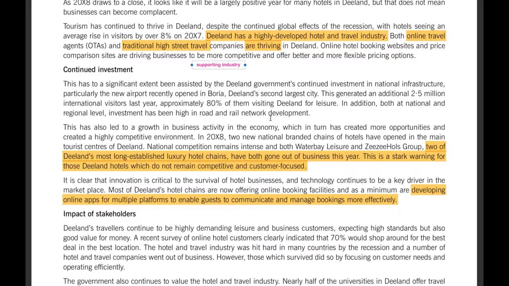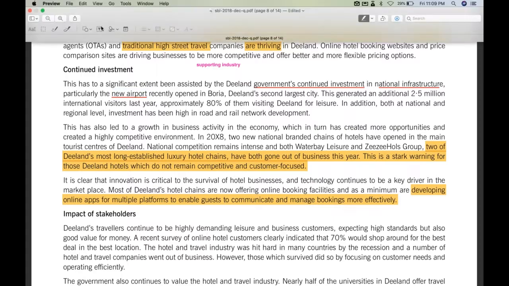This has to a significant extent been assisted by Dillon's government's continued investment in national infrastructure. You see, government's continued investment in infrastructure. This is what you can also talk about, like the new airport.